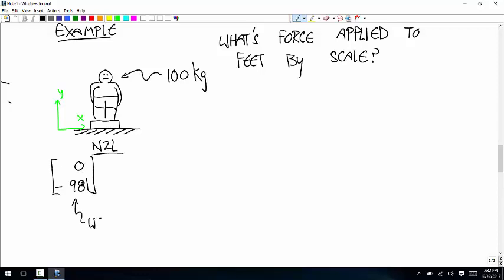So that's the weight. And now we're going to calculate the force on the feet by the scale. And I'm going to assume that we don't know anything about the direction of that force, so we'll just calculate both components. So I'll call it F, X and Y components. That's the force from the scale.